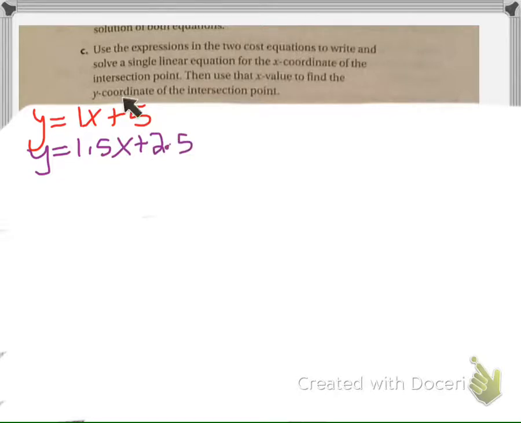Now, since both equations are equal to y, that means I can set them equal to each other and then solve. So I have 1x plus 5 equals, and then I have the other equation, 1.5x plus 2.5.